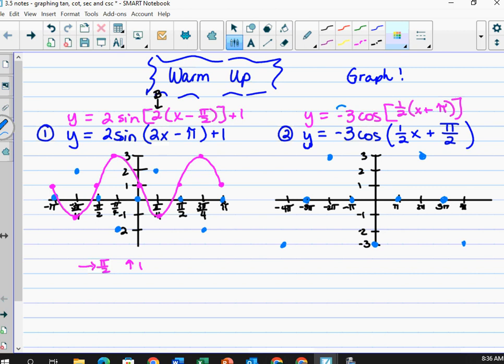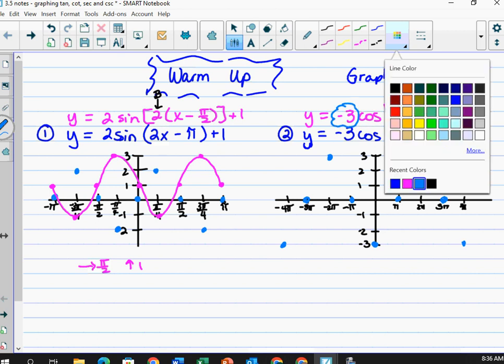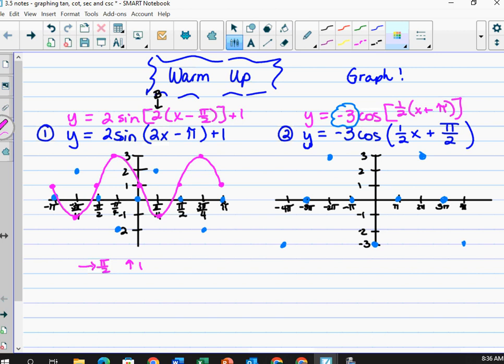Then I just have the shift. It's only one shift this time. Left by pi. How far is pi? 1/6 of the period. Again, since I'm going left, I'll start on the right.